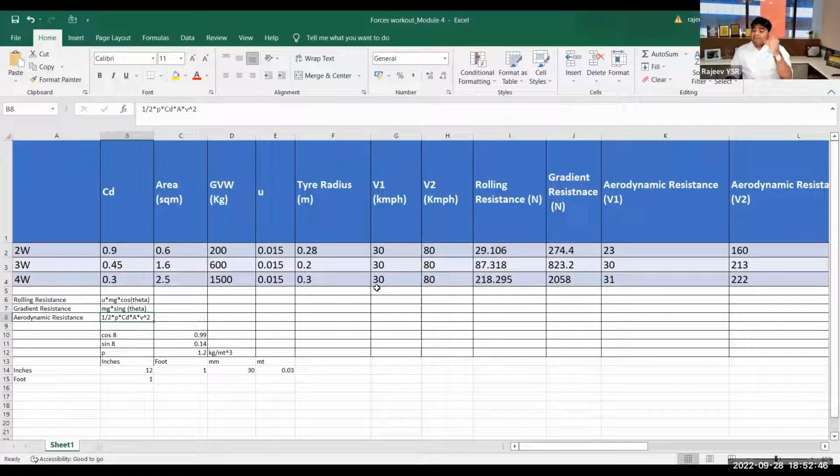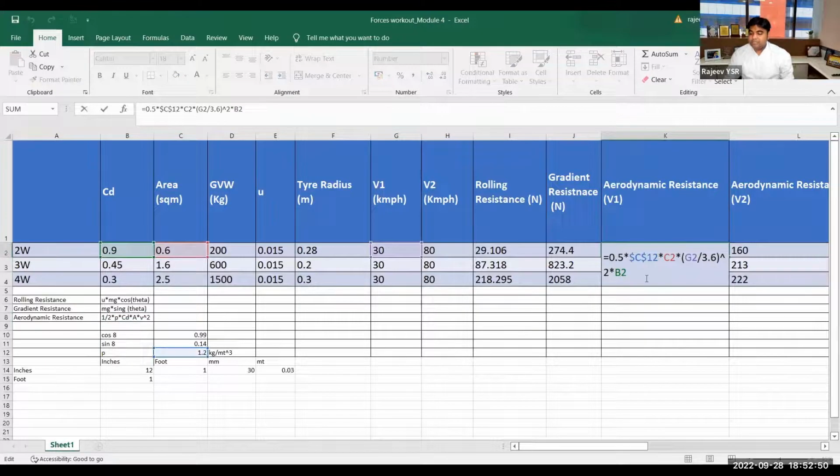Now, at velocity equal to 30 kilometers per hour, this is how the aerodynamic force is. Half, 0.5, your rho is 1.2 kg per meter cube, the density of air. Your Cd, the coefficient of drag for two-wheelers, is around 0.9.